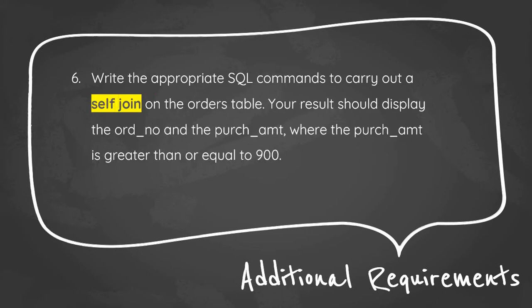Another additional requirement is to carry out a self join on the orders table. Your result should display the order number and the purchase amount, where the purchase amount is greater than or equal to 900. Hopefully by the time we are finished writing these SQL commands, it will become clearer in terms of you understanding the different joins that we can carry out.